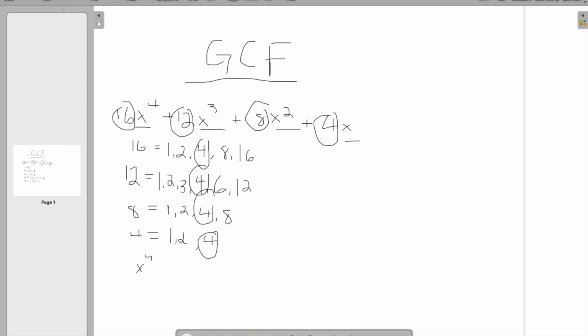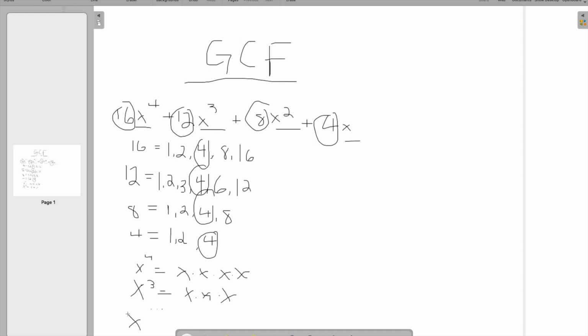And now I'm going to find the greatest common factor of the degrees. So x to the power 4 is just x times x times x times x. And x to the third power is just x times x times x. And x squared is just x times x.